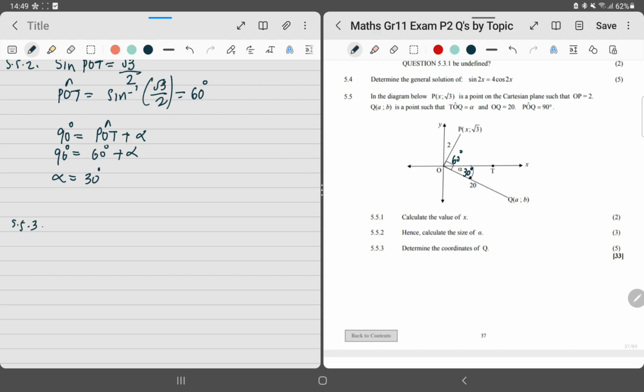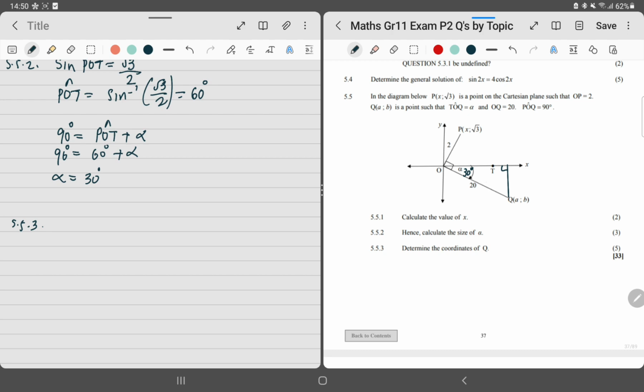5.5.3. Determine the coordinates of Q. So let's focus on this right angle triangle. You can see we have the angle there. We also have the hypotenuse.